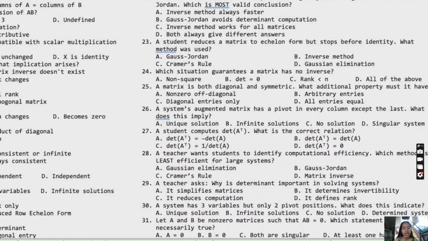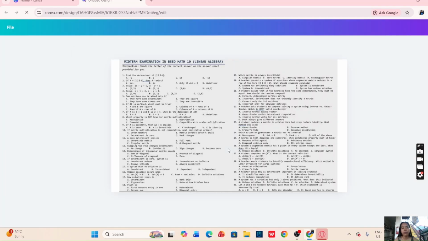Whenever there is at least one free variable, the system has infinitely many solutions as long as it is consistent. That is why the correct answer is letter B.